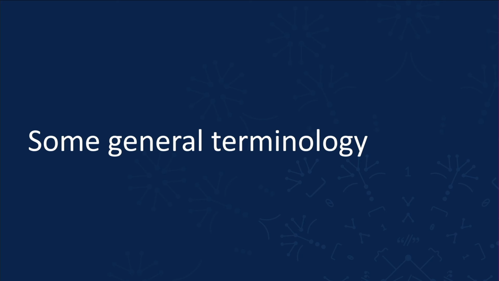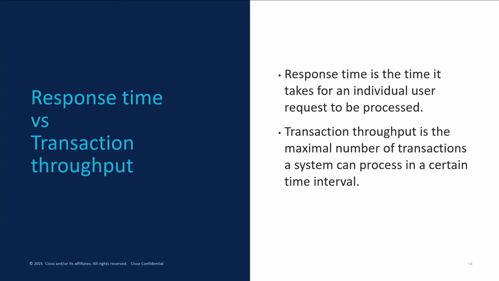So let's introduce some terminology. We might or might not need it. One thing that is important is to differentiate throughput from response time. When you are a user and do a request, the time it takes for you to get that response, that's the response time.